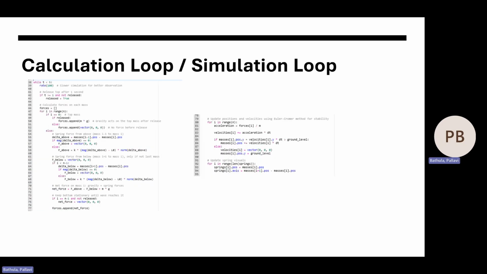So this is our calculation loop. It runs frame by frame, and it continues until t equals 5 seconds. In the simulation loop, we model the slinky first being held in place for 1 second, and then you drop it. During that, we allow gravity to kick in and start pulling all the masses down, and that's what the calculation loop is doing.